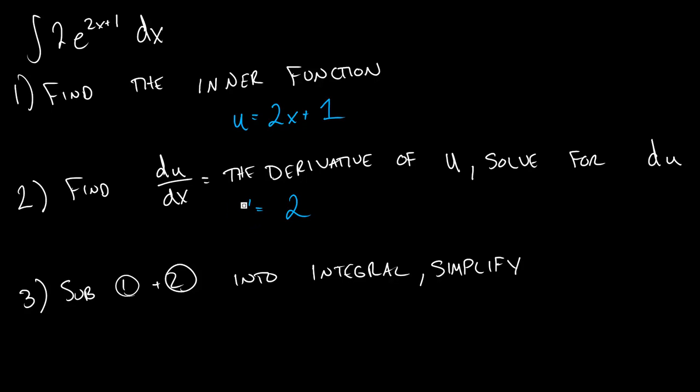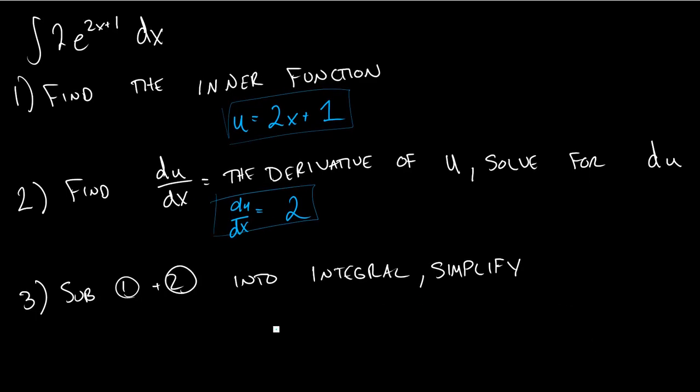And rather than write u prime, I'm going to write du over dx. Now I have two facts here. I have the fact that du over dx equals 2, and the fact that u is equal to 2x plus 1. And I'm going to substitute those into my integral. So I have the integral of 2e to the 2x plus 1 dx.